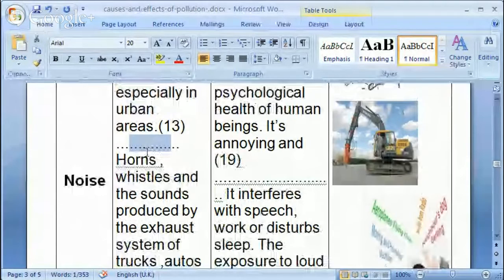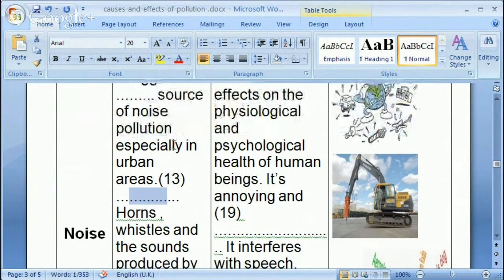Looks like we're adding additional information, unless we have an adjective to describe horns.